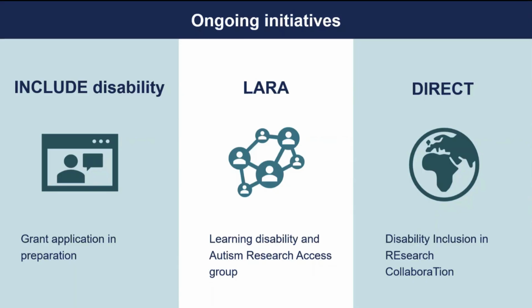So we're aiming to establish it more formally with a space for sharing resources as well as the informal meetings, and also opening it up to anyone else who's interested. Other discussions linked to my fellowship have led to establishing a global disability inclusion in research collaboration, which has been really valuable for learning from all the good work that's going on in other countries.